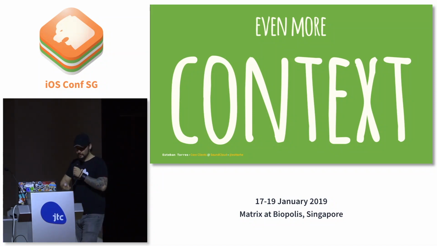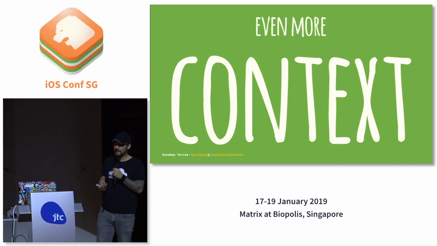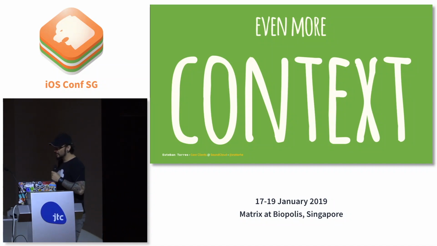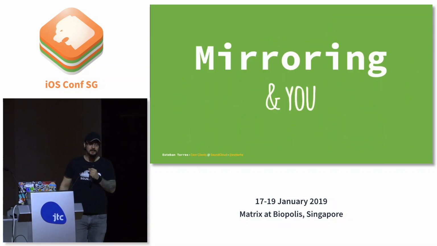So our group of very smart engineers at SoundCloud decided to create their own protocols that were called Encodable and Decodable. And they were great. It was a custom implementation using generics. It was way before the beauty of KeyPath, which I think we'll learn more about in a different talk later today. And it was working with mirroring.